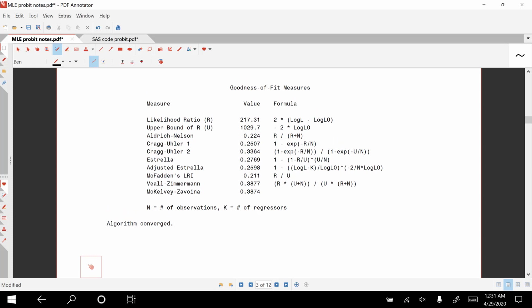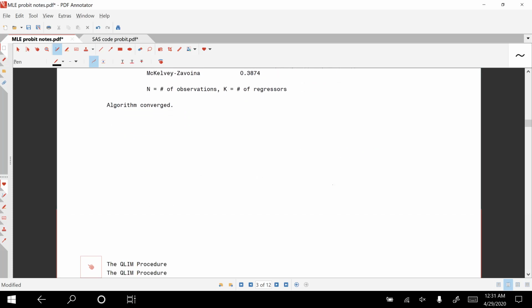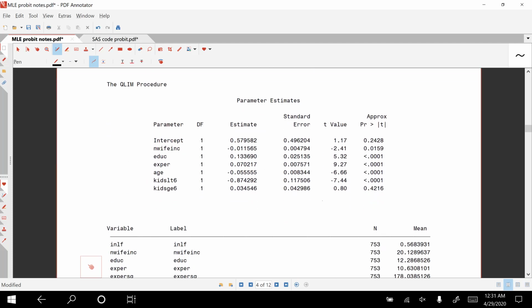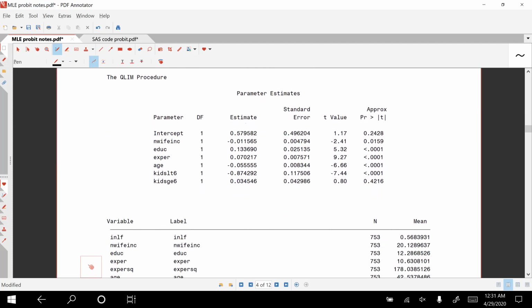Previously, remember, we talked about the likelihood ratio test. We'll go back to that one. That is going to be important in this case. You also check to see if the algorithm converged.